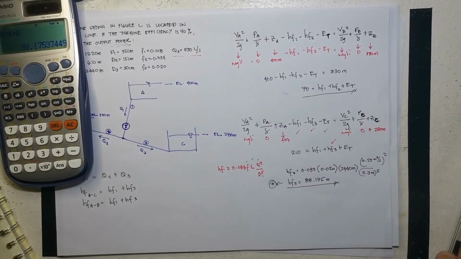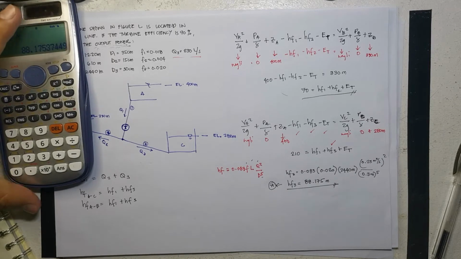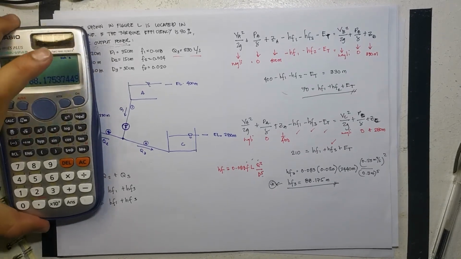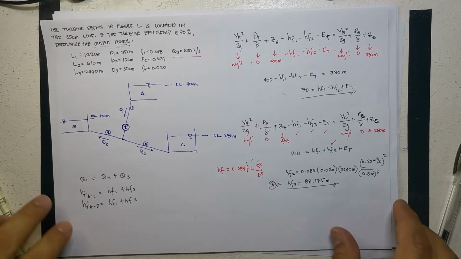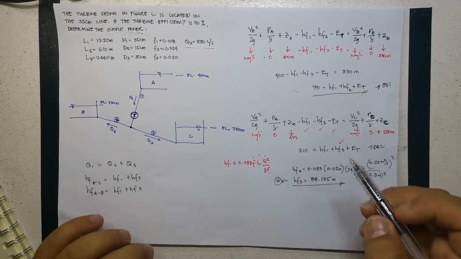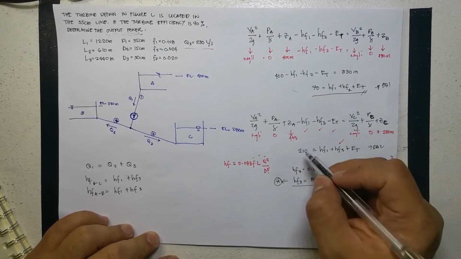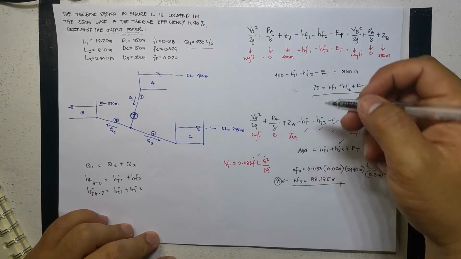Ano naman kung meron na tayong HF3? May iba pa ba tayong masasolve after natin siyang ma-eliminate? Anong pwede natin gawin? So, may napansin lang ako, mali pala ako dito, no? Itong 400 minus 280 is hindi 210. Ano ba yan?